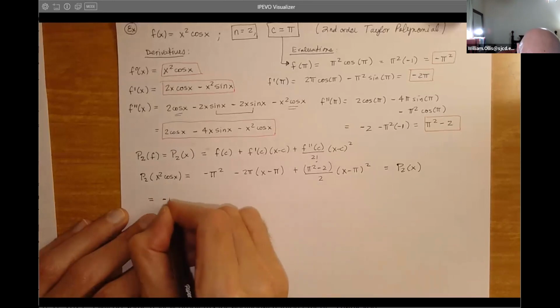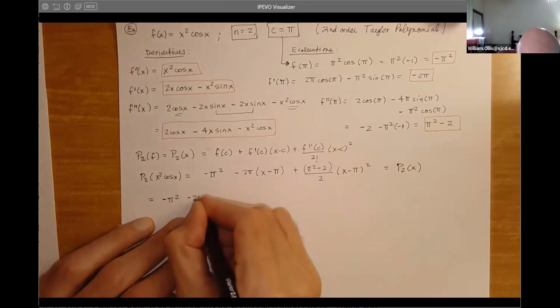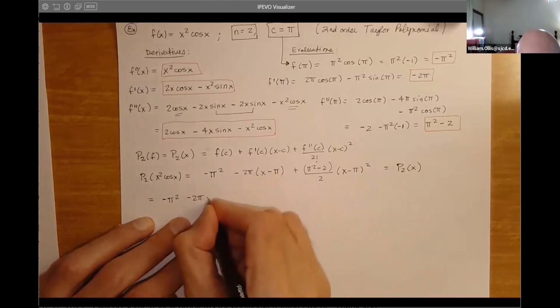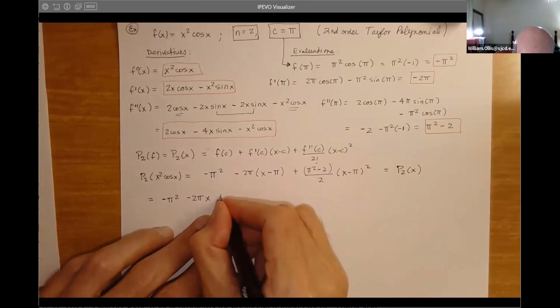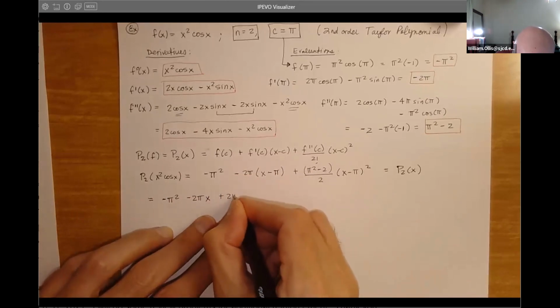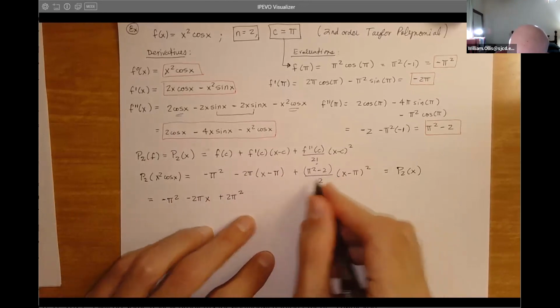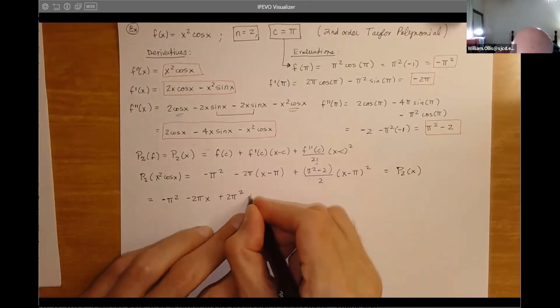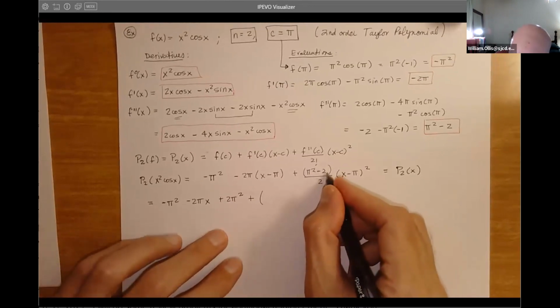So we have negative pi squared, and then we get a negative 2 pi times x. And then of course we have a negative negative. So this is a plus 2 pi squared. Now here, of course, we go ahead and divide if you like. This will be plus, so because of the exact nature of things, that's going to give us more work to do.